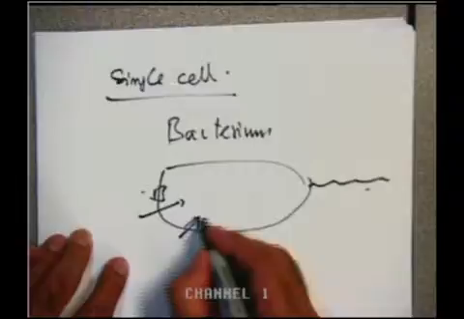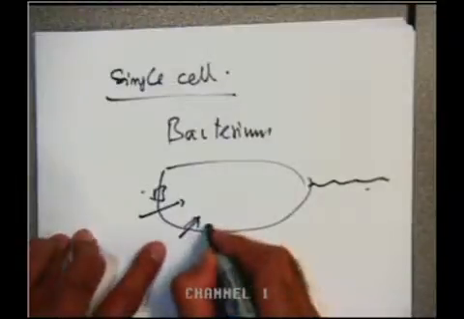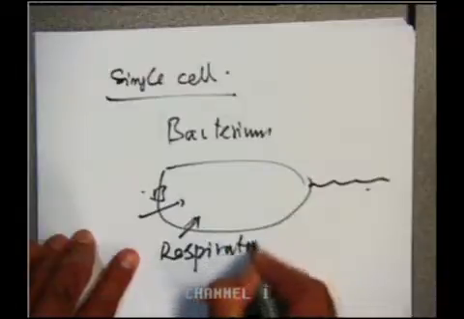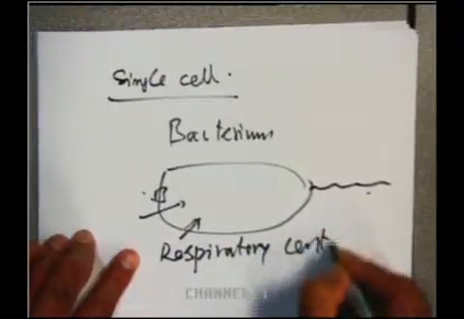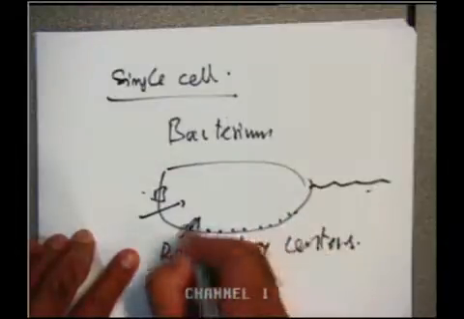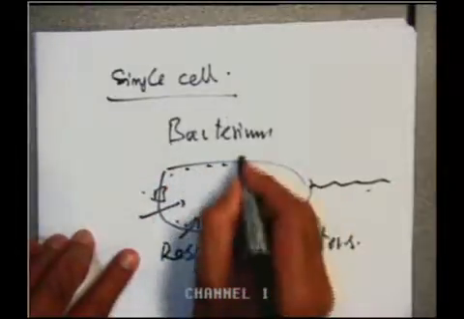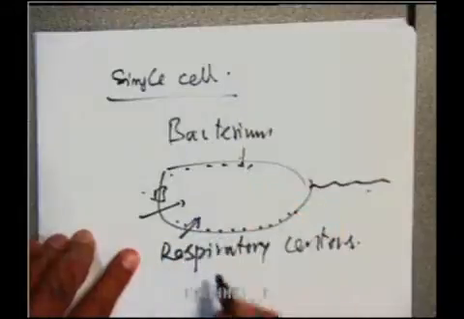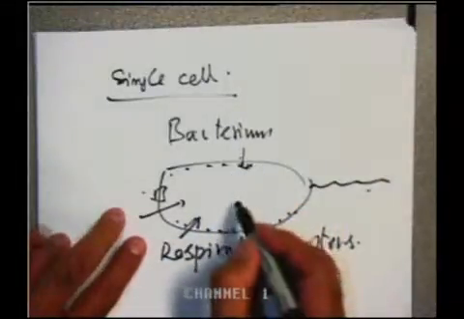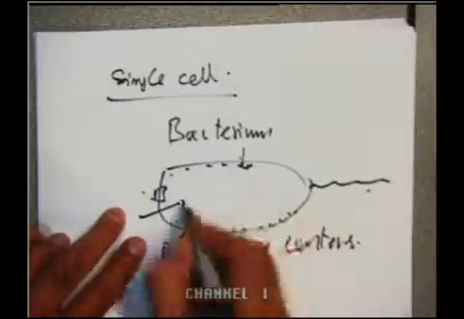There is no lungs. Instead of lungs, what you have? Respiratory centers. The respiratory enzymes are sitting on the membrane, and they can take up the oxygen, and then it can synthesize its own ATP molecules.